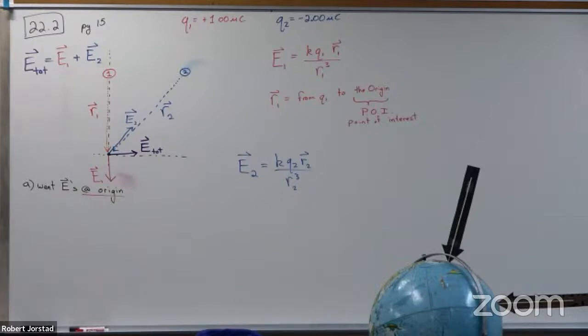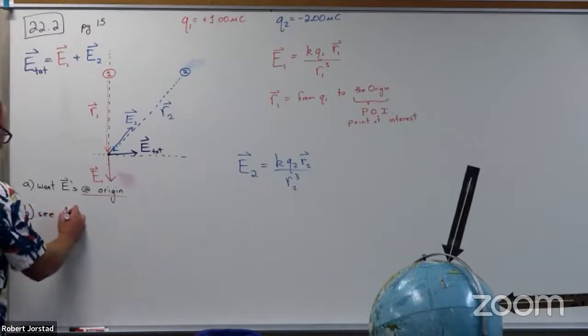You probably recognize this problem at this point, but whatever. Let's actually get the net field and plug in some numbers and see if this makes sense. So this is B. We already did that. See the sketch.